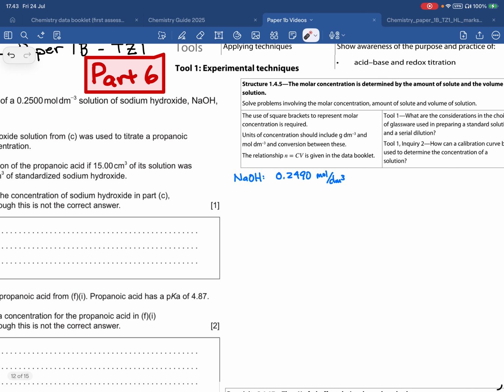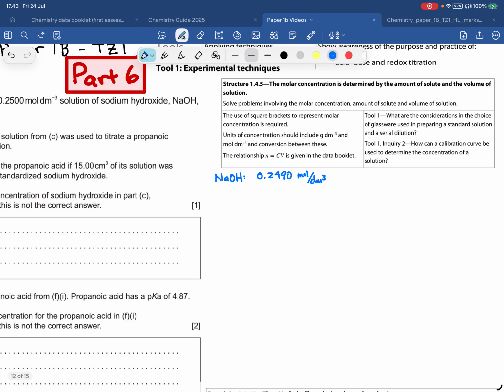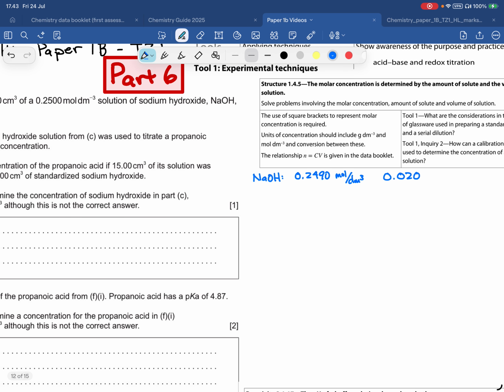So I have my concentration and I have my volume, 20 centimeters cubed. Now I'm going to go ahead and write that as 0.02, how many significant digits? 400 decimeters cubed of sodium hydroxide.